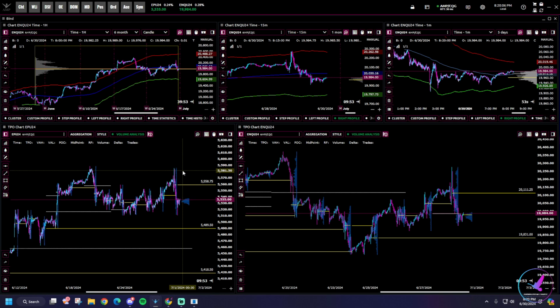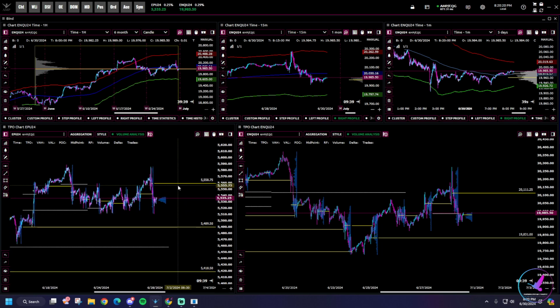We want to see a rotation between the two untested POCs that we have on both ES and NQ. For ES, those two POCs are 55.58 and 54.89. Whichever POC we test first, I'm really going to want to see us get extended, especially on the 1 minute chart, the 2 minute, the 15 minute and the 1 hour.